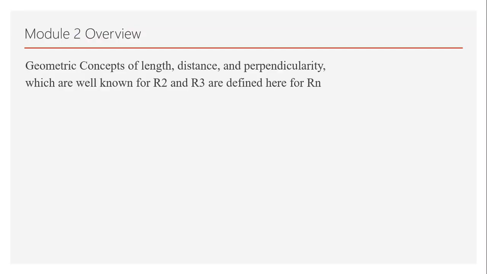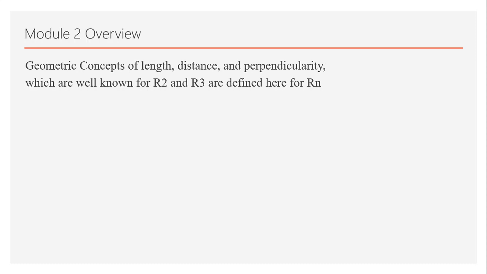You know the geometric concepts of length, distance and perpendicularity, which are defined for 2D space and 3D space, that is, which has the xy axes as well as the xyz axes.